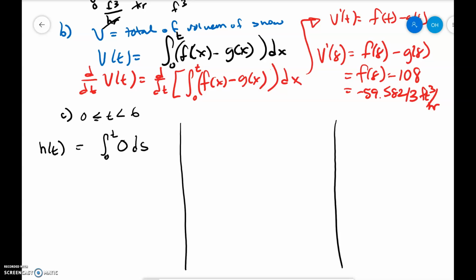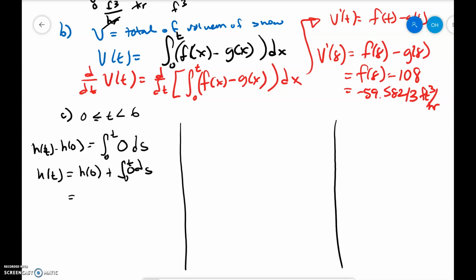Okay, so by definition, the fundamental theorem says that, actually, I should write it like this. It would be h of t minus h of 0, right? And then I would move the h of 0 to the other side by addition. 0 ds. But there is no snow on the driveway, so that's 0.